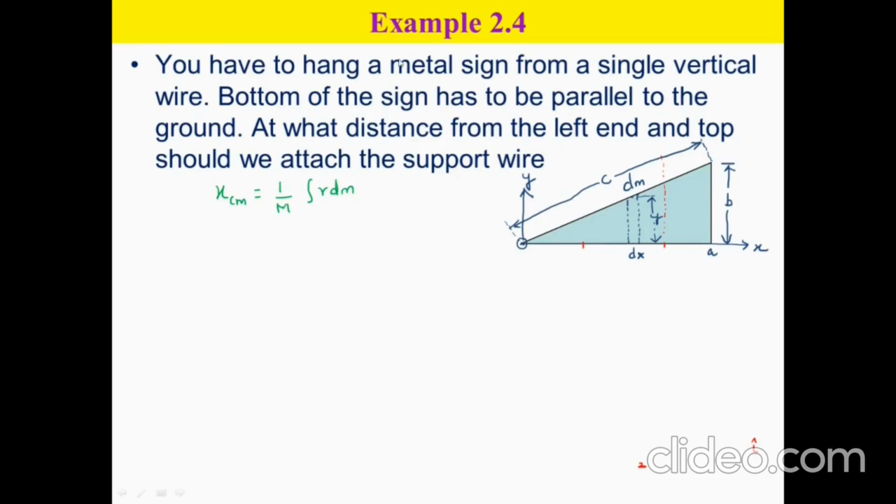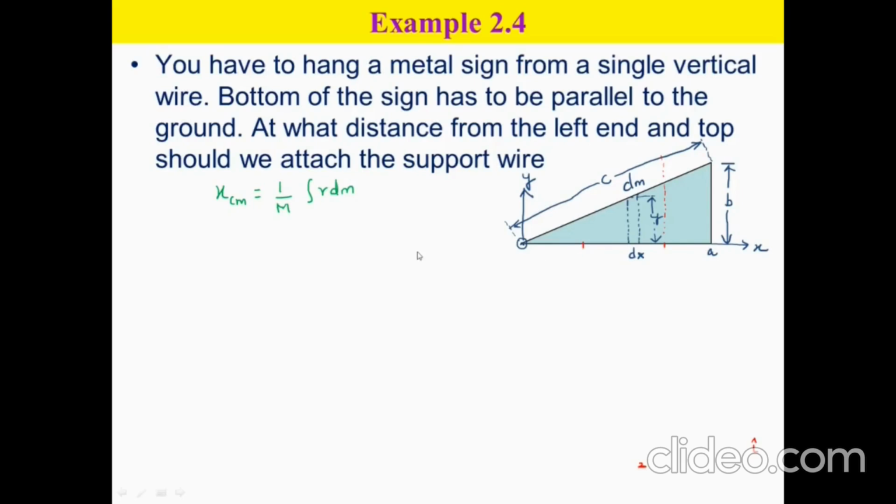To achieve this, we want to know where the position of center of mass of the object will be. The question says that we have to find the distance from the left end and the top where we have to attach this wire so that the metal sign will be supported in such a way that the bottom of the sign will lie parallel to the ground.